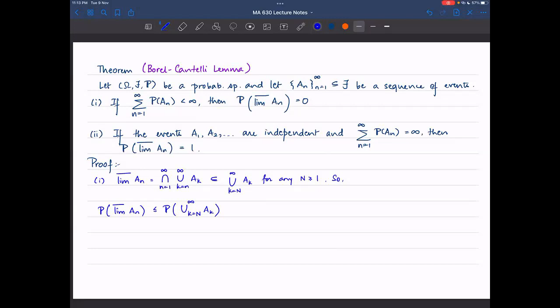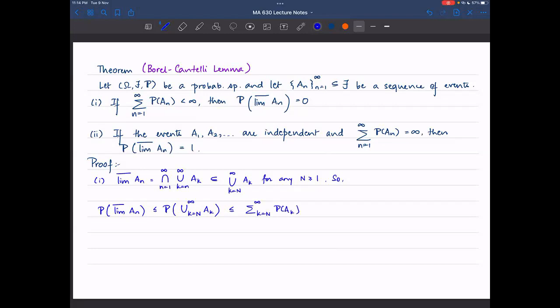What I just used was monotonicity, namely, bigger sets cannot have smaller measure. Now I will use countable subadditivity. The probability of this countable union must be less than or equal to the sum of the probabilities. So P of lim sup A_n is less than or equal to P of the union, which is less than or equal to the sum over k going from N to infinity of P(A_k).